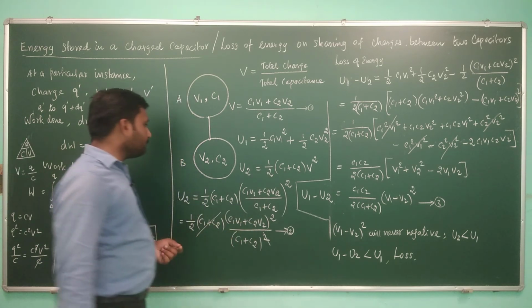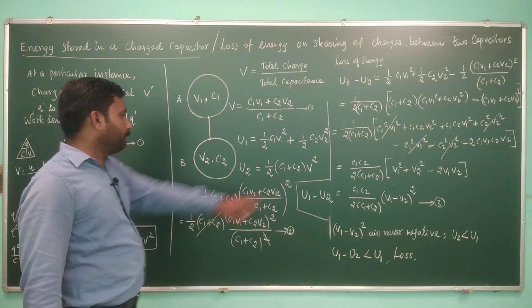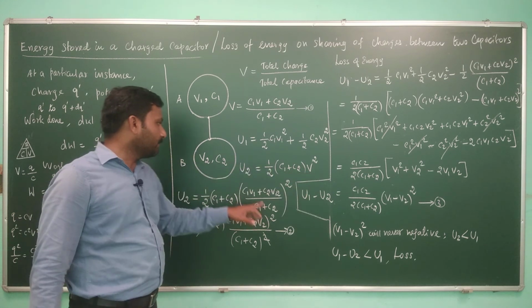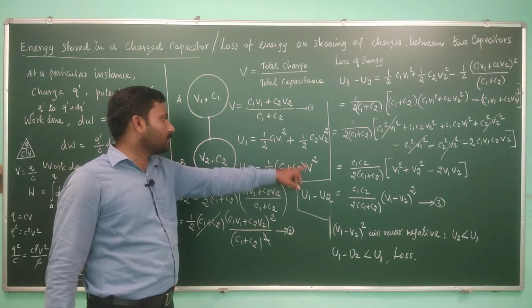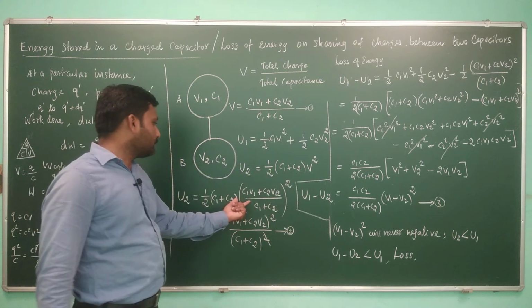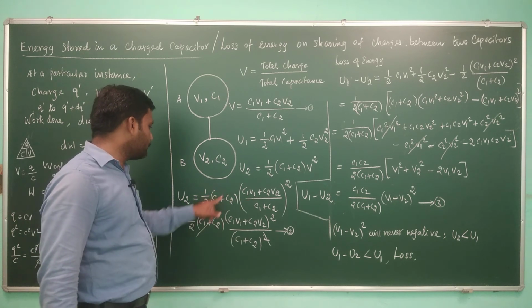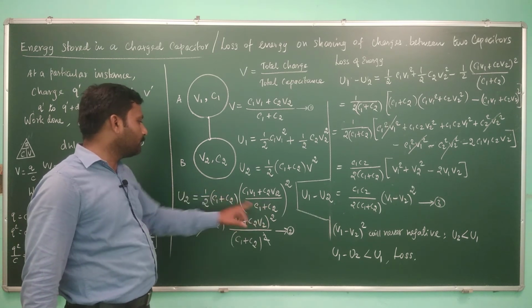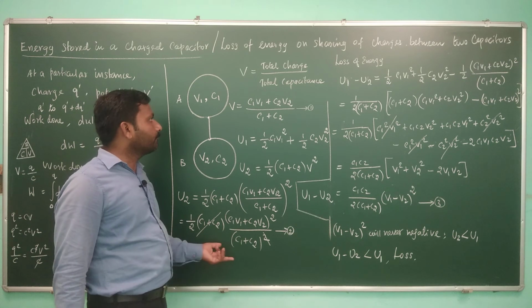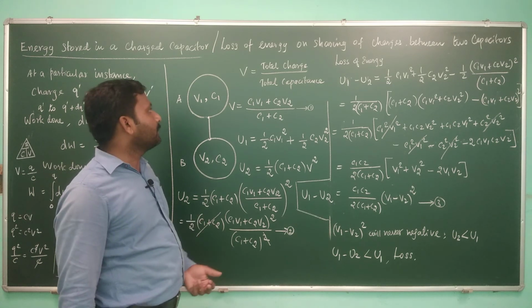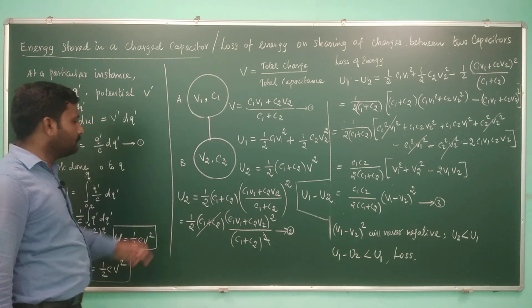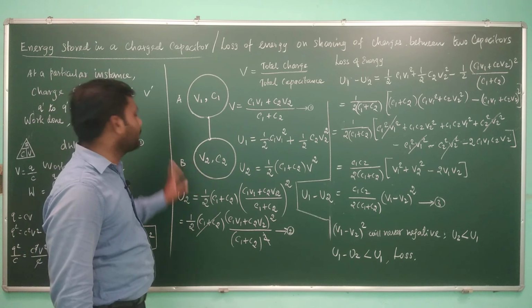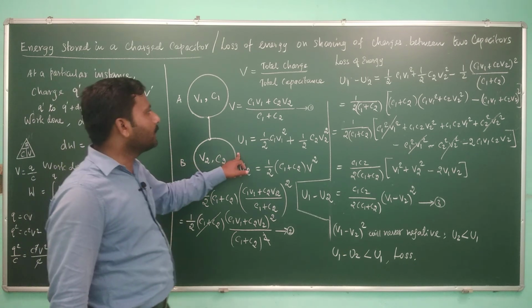Now the expression for V that we have, we have substituted here. So this comes, and we have cancelled out C1 plus C2 in the numerator and denominator. We have ended up with the equation for U2. Now in order to calculate the loss of energy, we have subtracted U2 from U1.